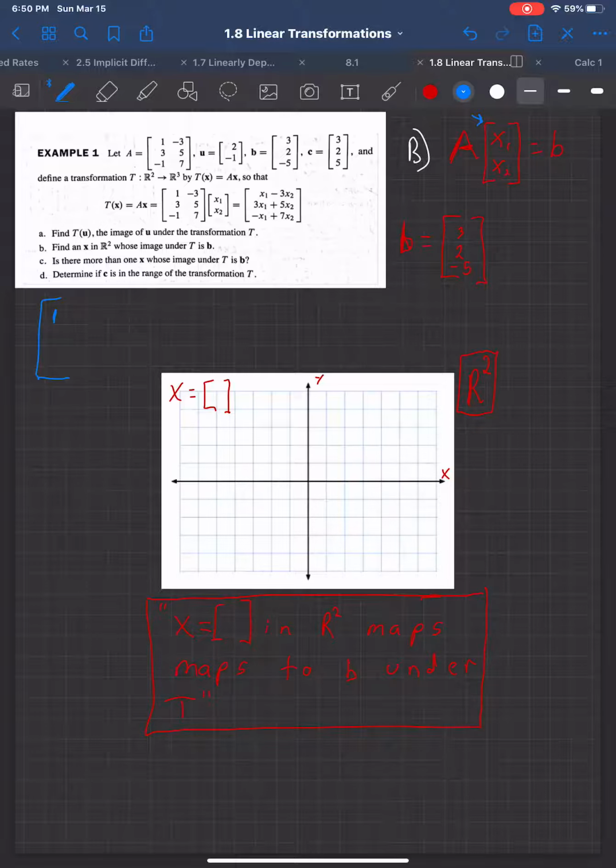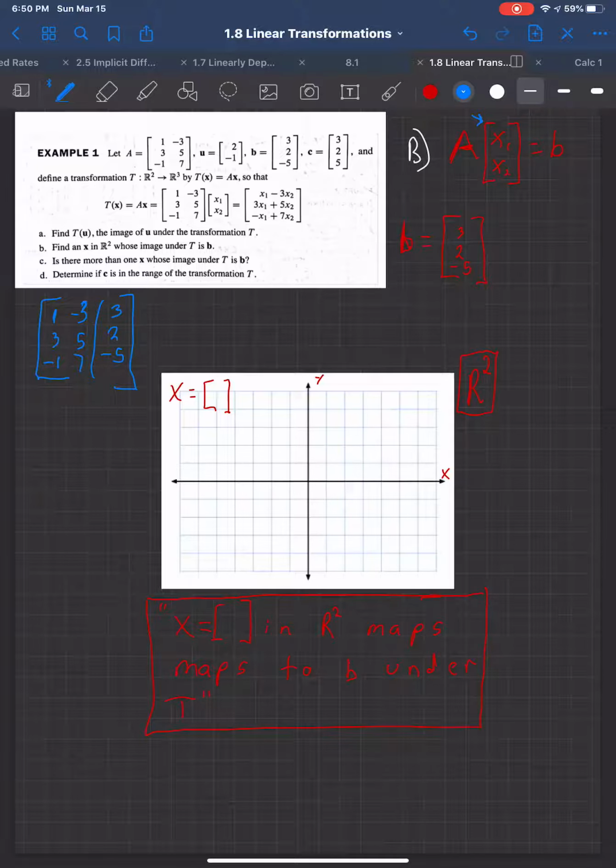We're going to start with matrix A: 1, 3, negative 1, negative 3, 5, 7. That is our matrix A defined. We're going to use the fact that we're trying to map to vector B and set up an augmented column: 3, 2, negative 5.